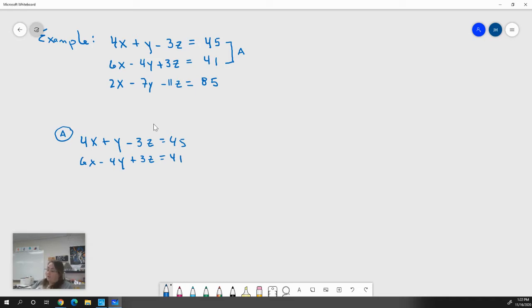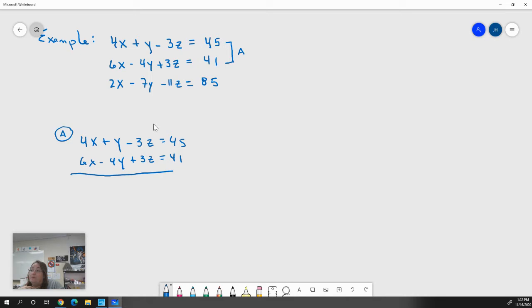Now, I want to eliminate one of these variables, right? I want to either have just xy or xz or yz. And I notice that these are opposites right here. And if I just add these two equations together, my z is going to drop out. So I'm just going to add these two equations together.